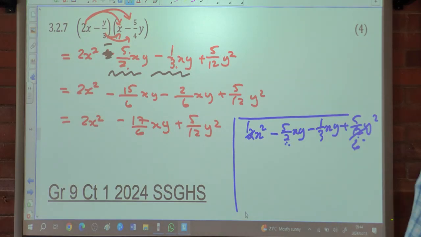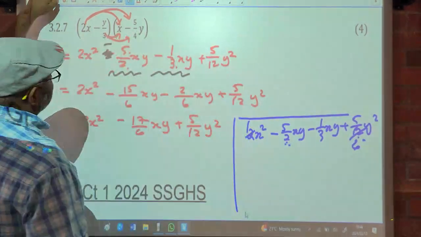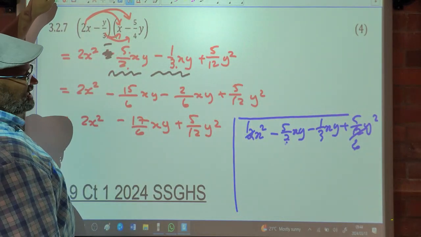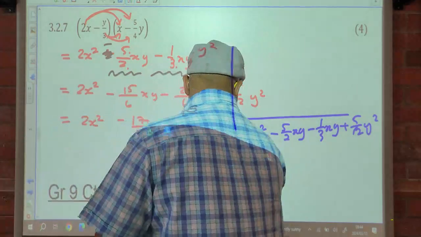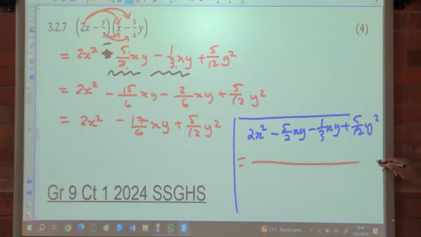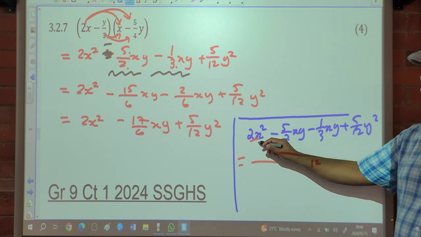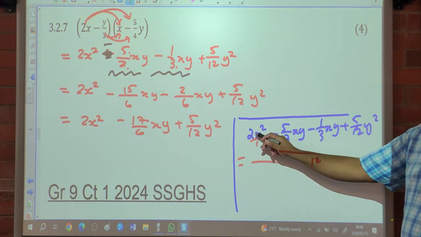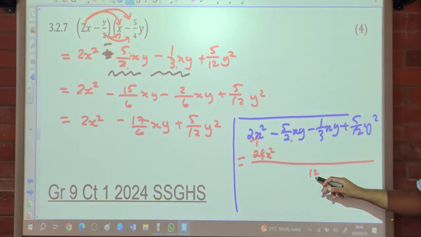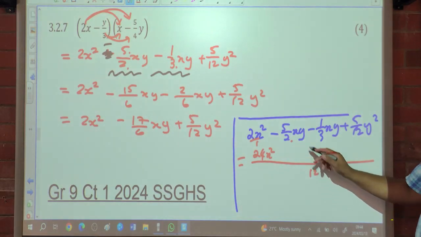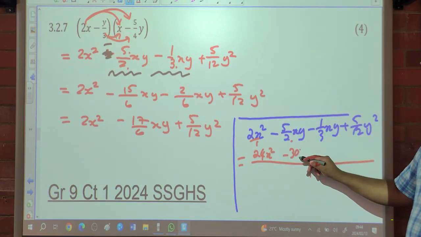We never. What you could have done here was find the LCM throughout. What's your LCM here? 12. Remember that's over 1. So I multiply this by 12 and get 24x squared. That term is multiplied by 6, so it's minus 30xy.